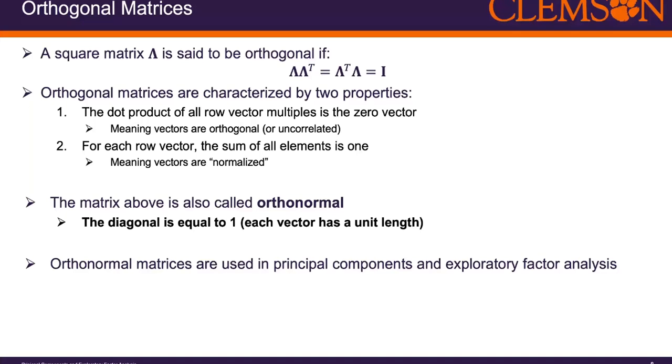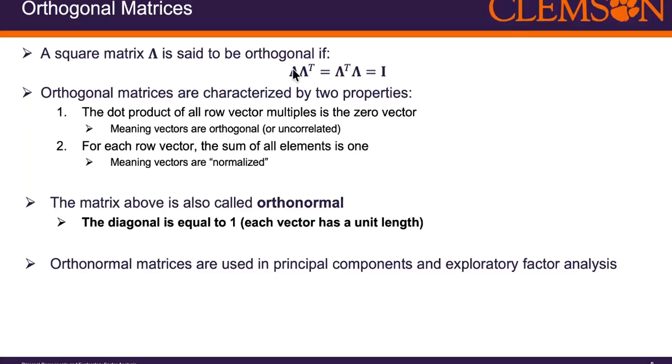So what that really means is if you get a 0 there, the vectors themselves are orthogonal, which we would say if you look at their angle, it'd be 90 degrees. Then also, additionally, for each row vector, the sum of all elements is equal to 1. When you take a look at that, we call these vectors normalized when the sum of all elements equals 1.